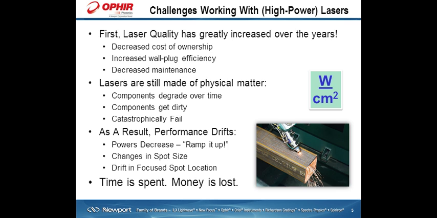Laser system components and sources are going to catastrophically fail. So the bottom line is, regardless of how good the laser source is, it's still made of physical matter, and as a result the performance of your overall laser system is going to drift for one reason or another.